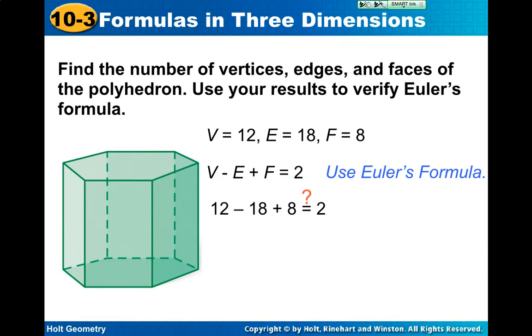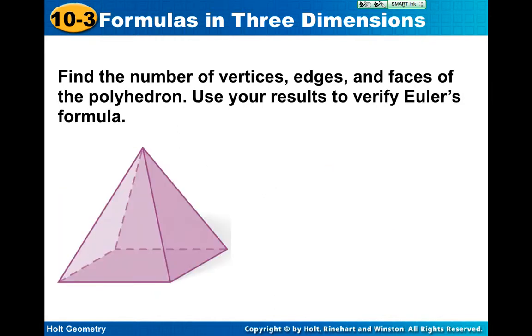Put in the numbers and make sure that I can see that the left side calculates to 2. When you go 12 minus 18, negative 6 plus 8, so don't just say yes, give me some evidence that you checked Euler's formula. Okay, so that one we already counted.